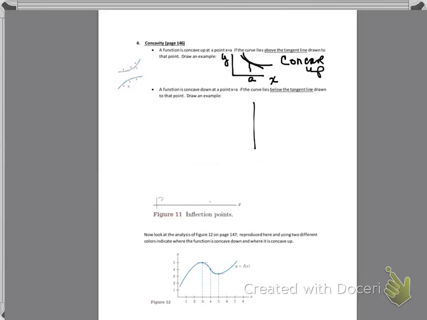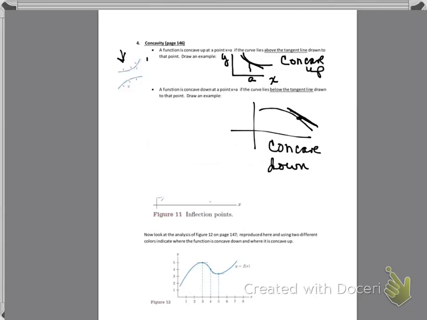What does concave down look like? Let's say we have this function, and I'm going to draw a tangent line right here. I would draw the tangent line above, and I would say that that function is concave down because the function is below. So over here, there's a series of tangent lines drawn.